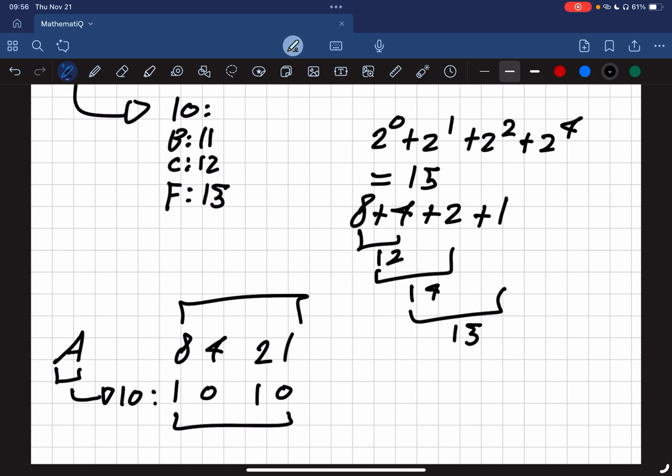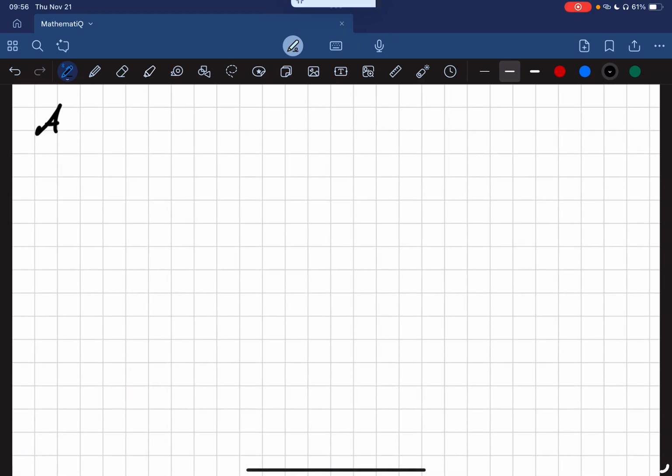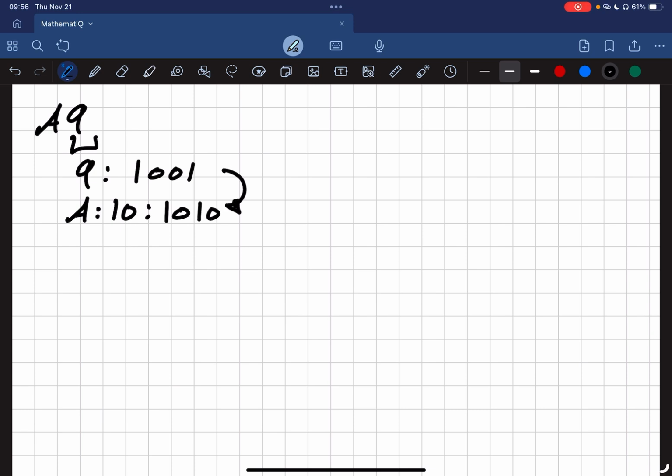So this is our representation for A. Combining this together, we've said that 9 corresponds to 1, 0, 0, 1, and that A corresponds to 10 in decimal, which looks like this in binary. Then all we do is bring these together in the order they are placed in the number. Since A comes first, you put 1, 0, 1, 0, 1, 0, 0, 1. So this is it.